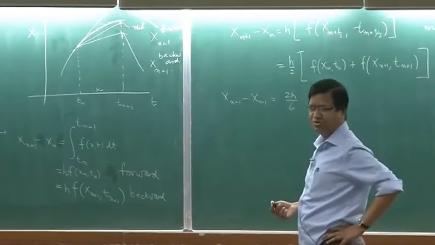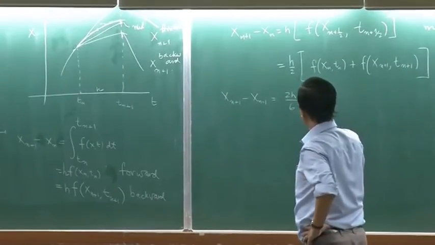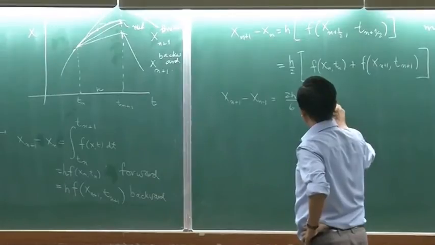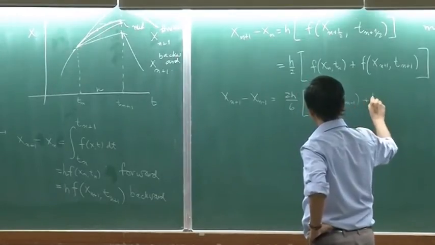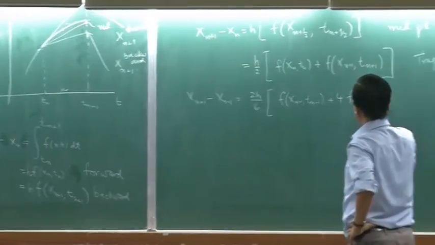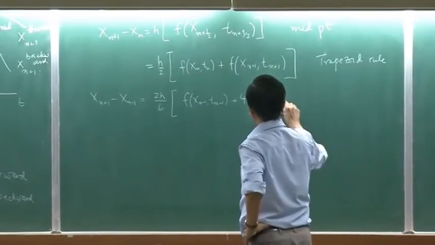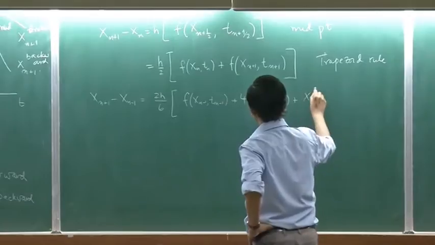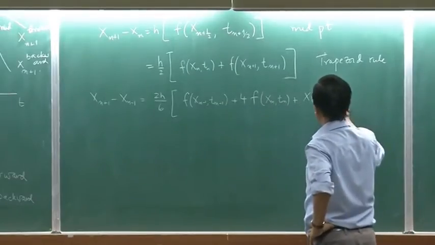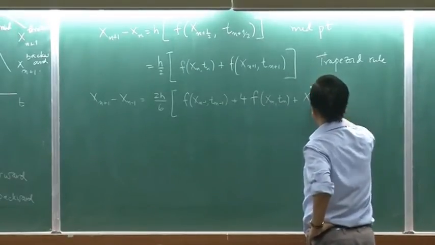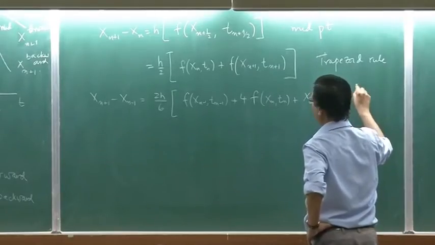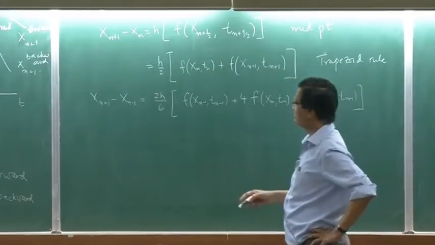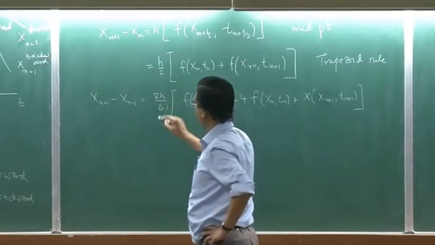it is Simpson's rule. So this is f of x_{n-1}, t_{n-1} plus 4 times the midpoint term and so on.